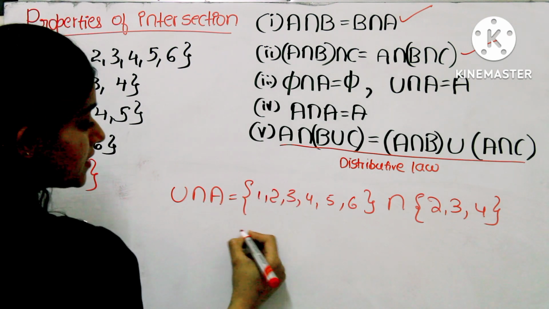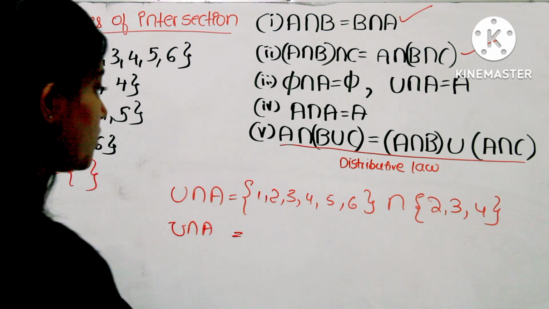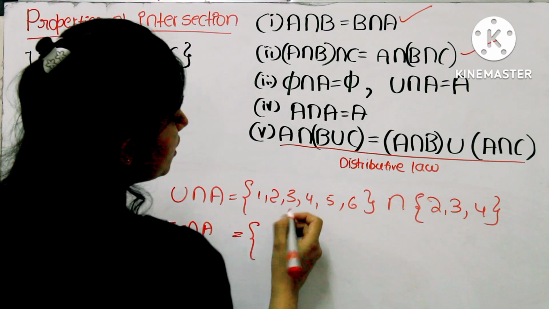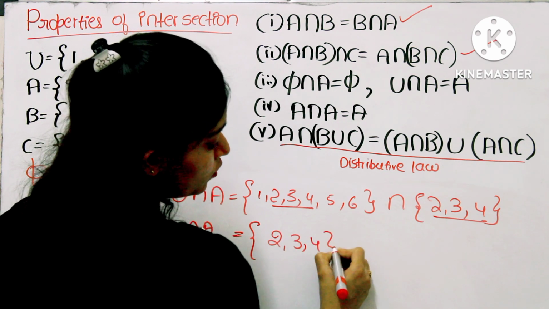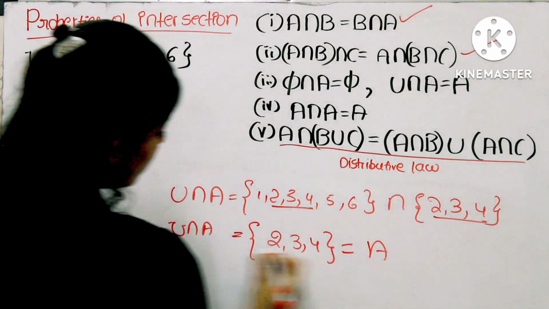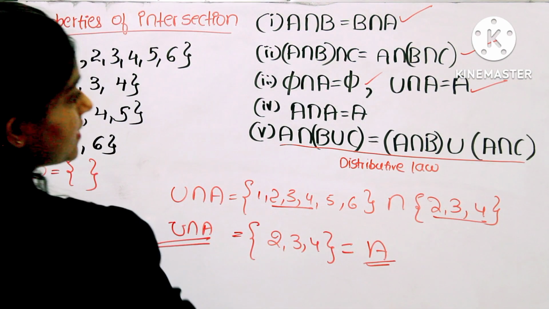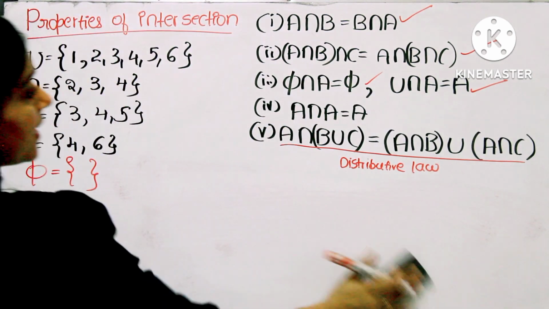So this is the difference between union and intersection. So here what do you get? See, what are the common terms? 2, 3, 4. 2, 3, 4 is itself. So what is {2, 3, 4}? It is nothing but A. Therefore, U intersection A you get again A. Next one is obviously A intersection A, you get A itself.